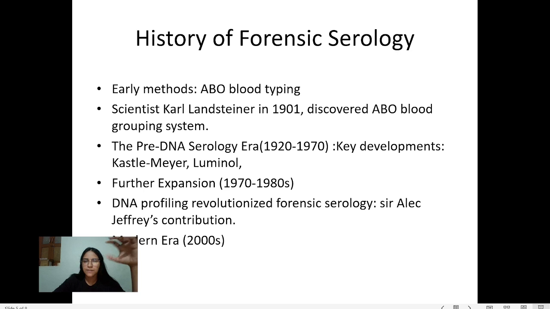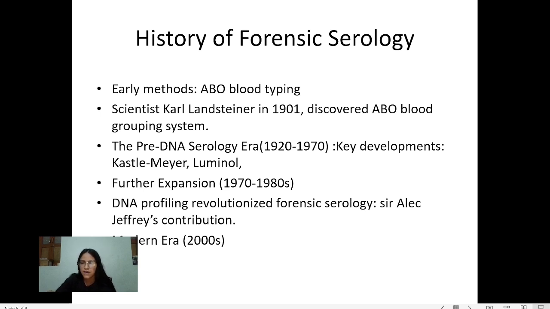Now the pre-DNA serology era came from the 1920s to 1970s. More tests were developed to identify blood and other fluids in this era. Presumptive tests for blood like the Benzidine test and Kastle-Meyer test became more common.